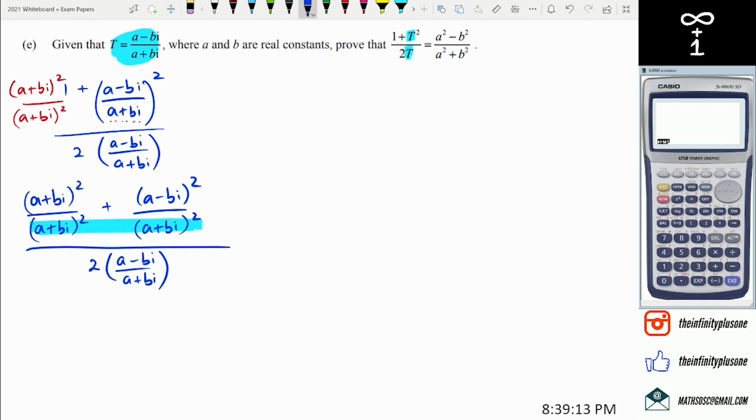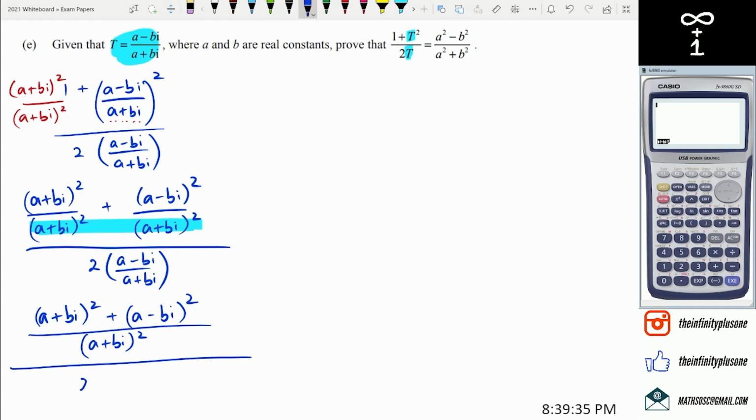So my top part of the fraction is going to look like this: (a plus bi) squared plus (a minus bi) squared, and the whole thing is over (a plus bi) squared. Now this is just the top part of the numerator. Now that's divided by 2 times (a minus bi) and (a plus bi).